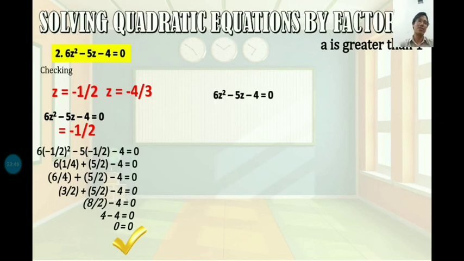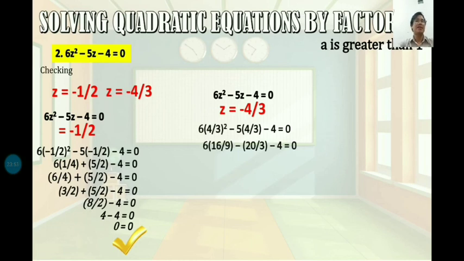Now, let us proceed to the second root, which is 4 over 3. Let's do the same process. Get the square of 4/3, so that is 16 over 9, minus 5 times 4, 20, then copy the denominator 3, minus 4. Then, let us proceed. 6 times 16, that is 96. Copy the denominator 9, minus 20 over 3, minus 4 equals 0.